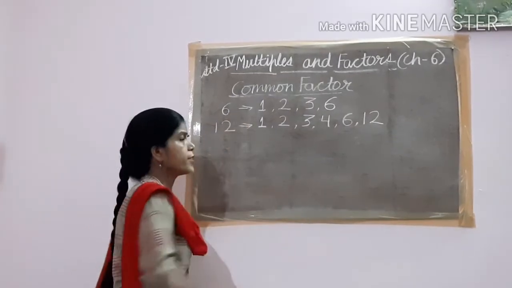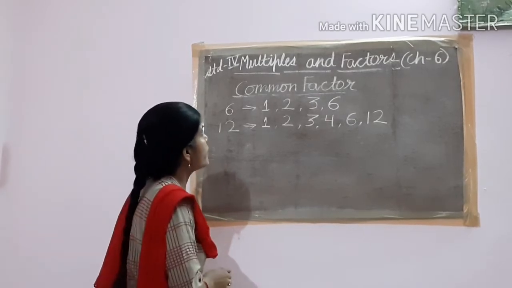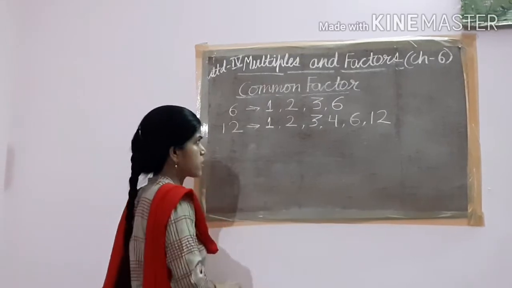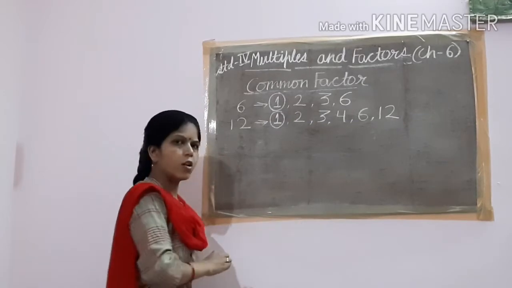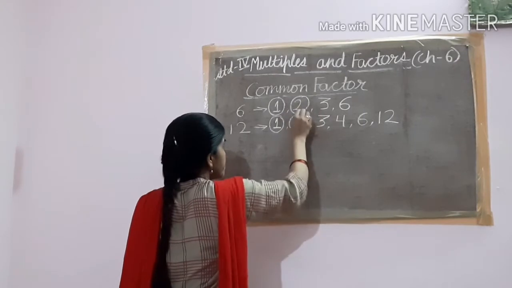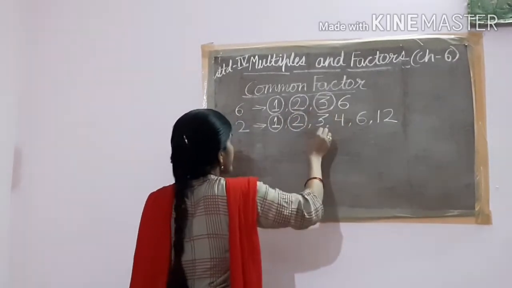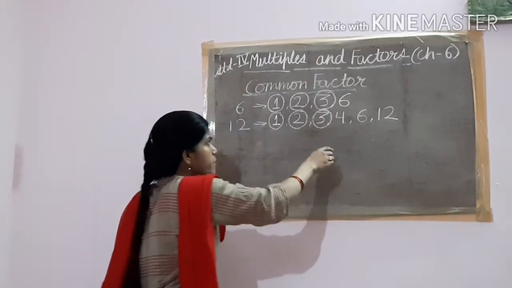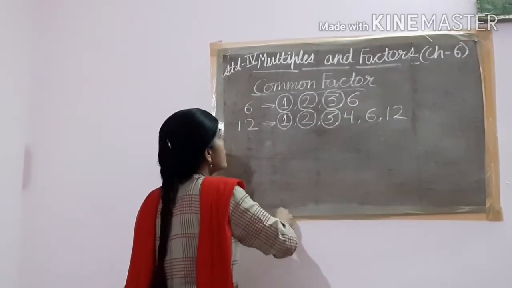Now I have written the factors of 6 and 12. Now what do we have to do? We have to see what the common factors between these two numbers are. First is 1. 1 will come in all numbers. Next is 2. Yes, 2 is also common. Then 3, yes, 3 is also common. 4 is not common because 4 is not a factor of 6.